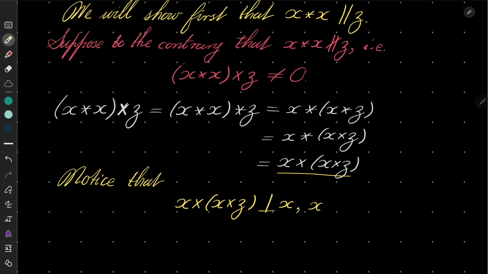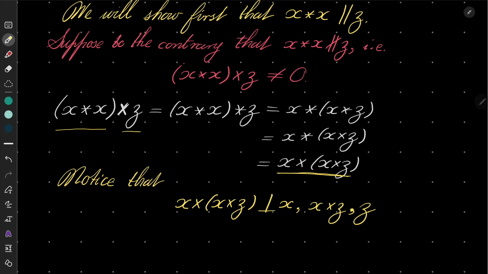So it's also perpendicular to x star x, but let's also notice that this vector equals some vector cross z. So it's also perpendicular to z. And now it's a problem because x, z, and x cross z are three perpendicular vectors in a three-dimensional space.